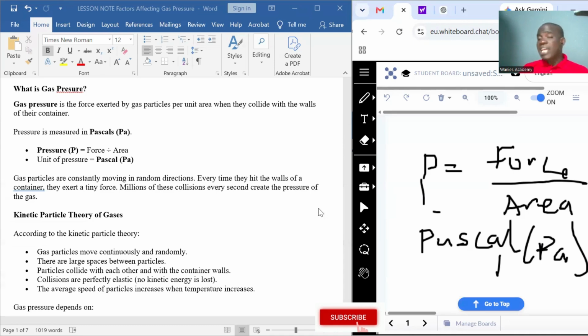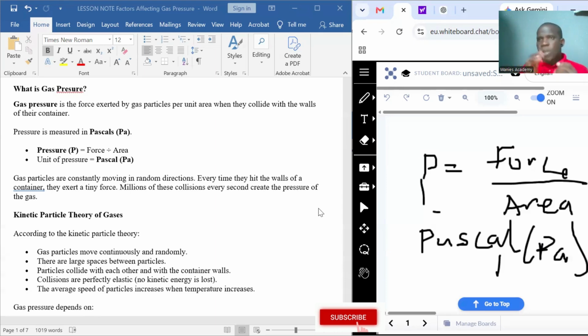According to the kinetic particle theory of gases, gas particles move continuously and randomly. There are also large spaces between particles.